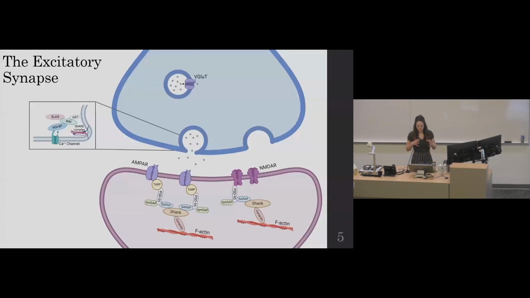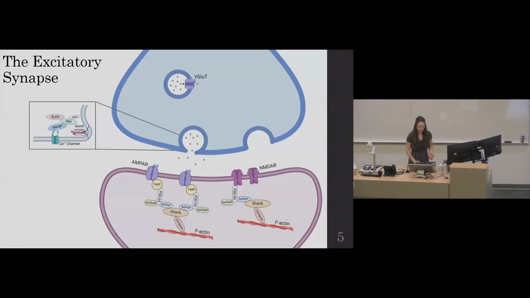So in this little complex here, we have PSD95 that binds with receptors. In the case of AMPA receptors, via TARPs. SYNGAP and SAPAP then bind with PSD95. SAPAP links PSD95 to SHANK, which then connects the postsynaptic density to actin via cortactin.